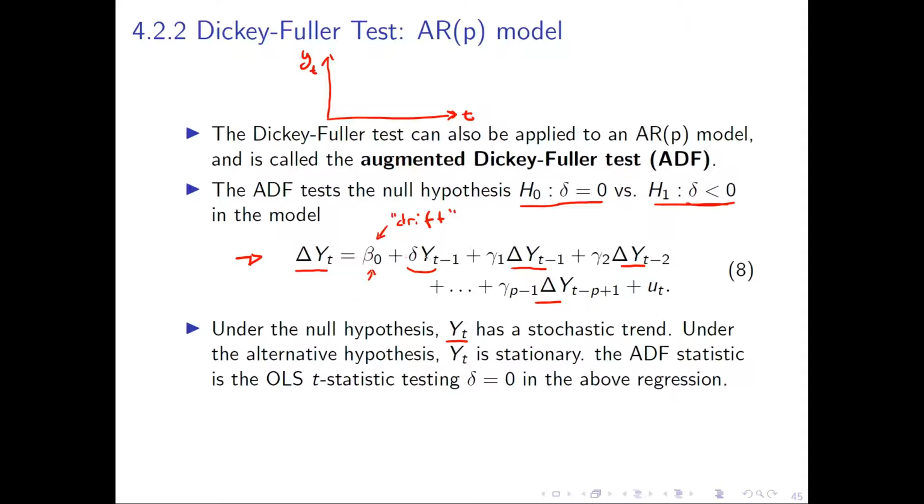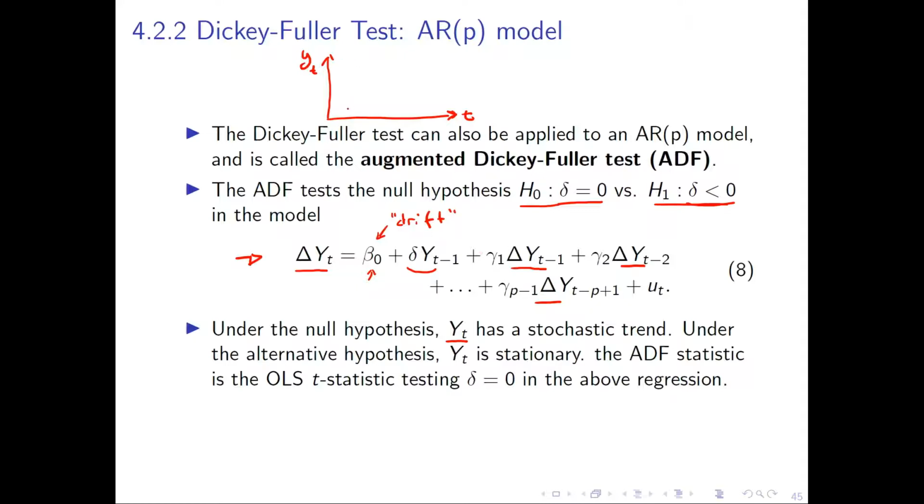And if delta is equal to 0, then this change in yt is explained by the drift and the changes in the previous period.